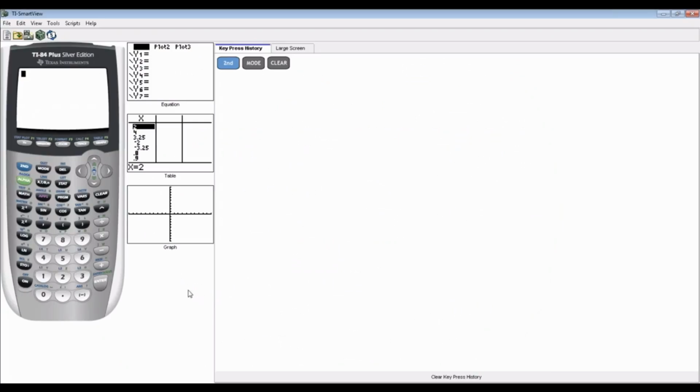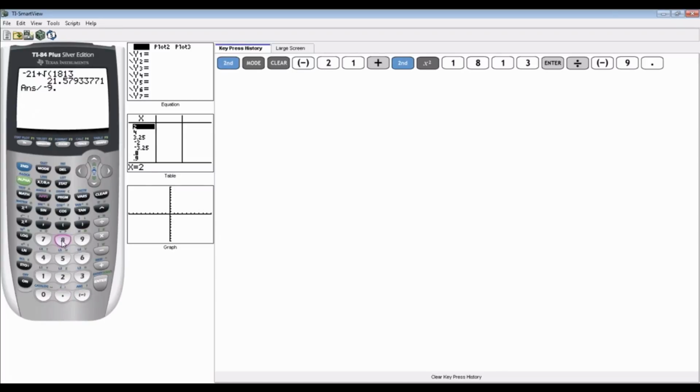For the first one, it was negative 21 plus the square root of 1,813. You could do that all at once, or you could totally do this. You can say enter. So that's the numerator. And then if you just automatically press divide by, it takes your last answer, and you want to divide that by negative 9.8.